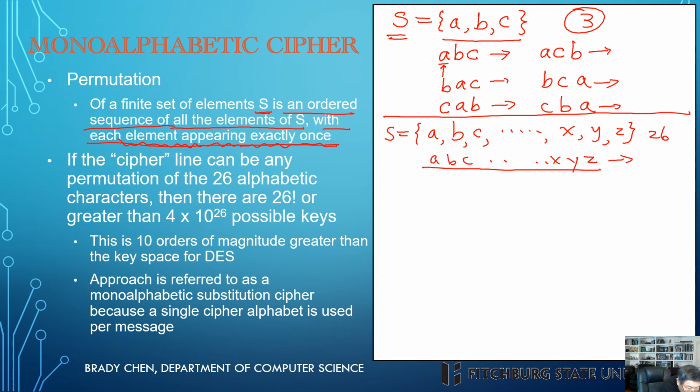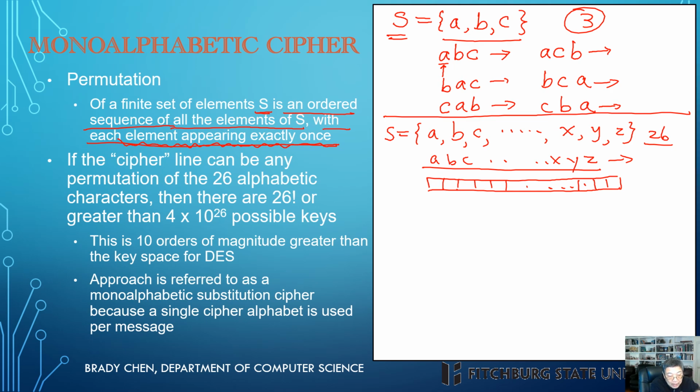With 26 letters, each sequence is going to take 26 positions, right? For the first position, how many different letters can we put in there?